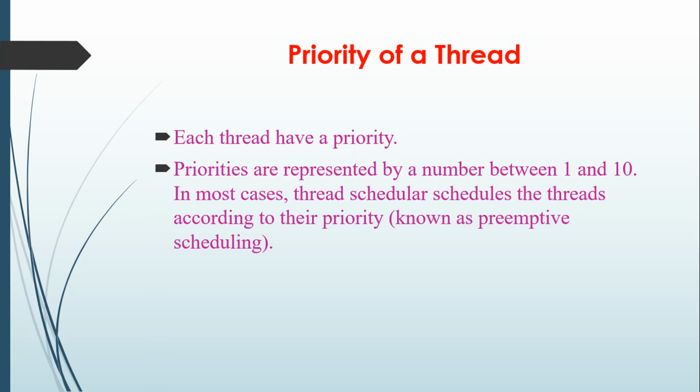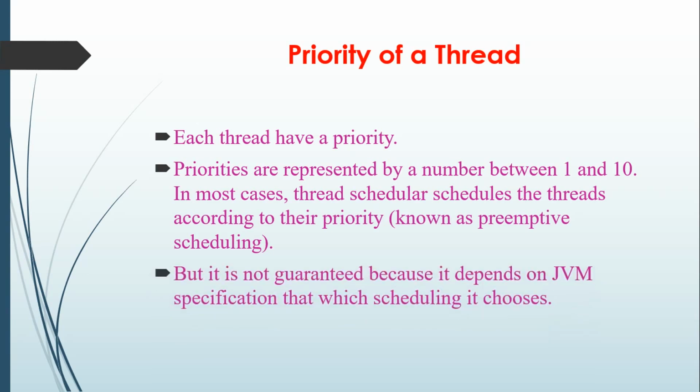The highest priority is given the first number, and in ascending order we provide the priorities to the threads. But it is not guaranteed, because it depends on the JVM specification which scheduling it chooses. So we can say that the JVM decides which priority will be given to which thread.